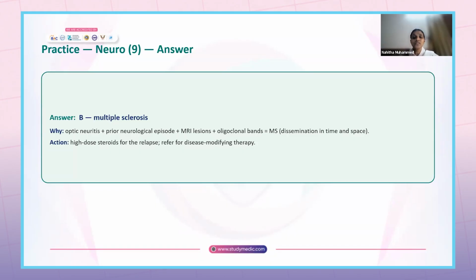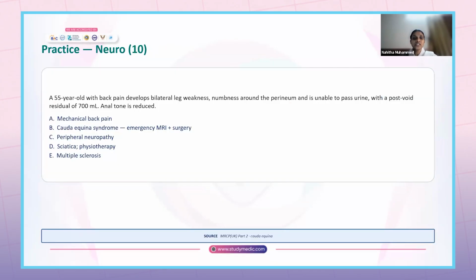Initially it will be the eye, sometimes it will be a cord lesion. If we take a detailed history, they will tell of a prior neurological episode also. And we have to do MRI and CSF, and there will be oligoclonal bands. Treatment is steroid.